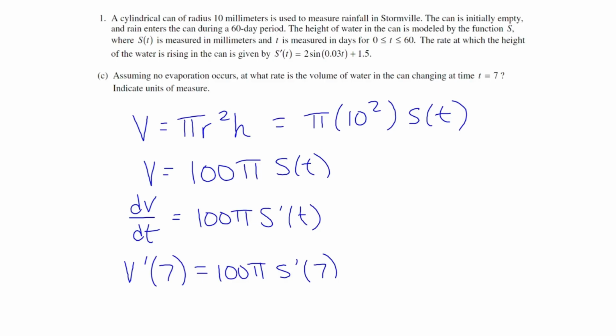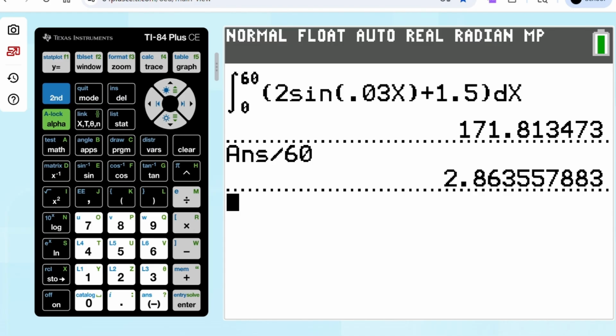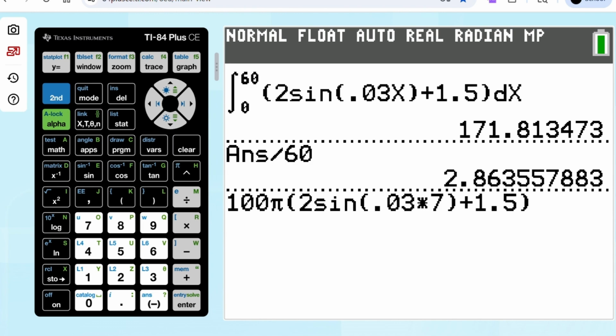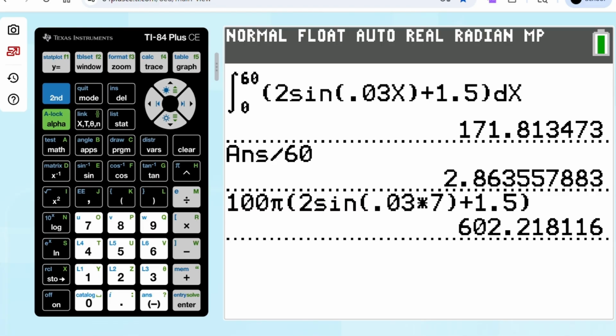And our calculator will help us to find the value of s prime of 7. So we'll just do on our calculator 100 pi times s prime of 7. And s prime, we knew it was 2 times the sine of, now we've got 0.03 times 7, because it was 0.03t. And then we still have a plus 1.5, and we end up getting 602.218.